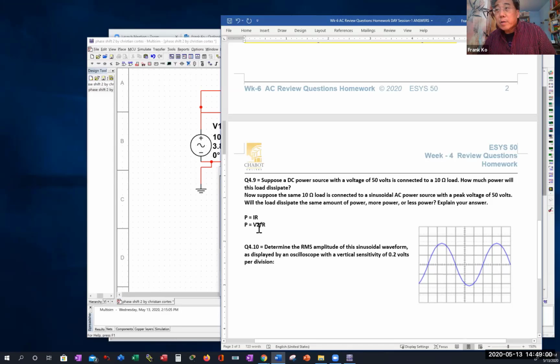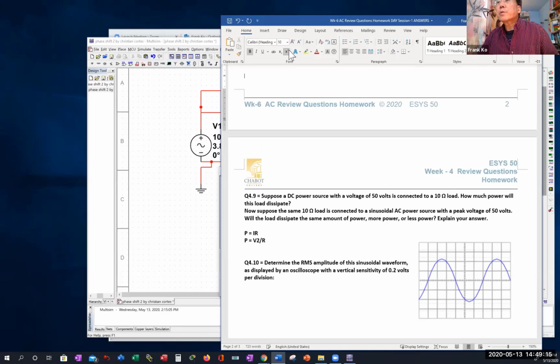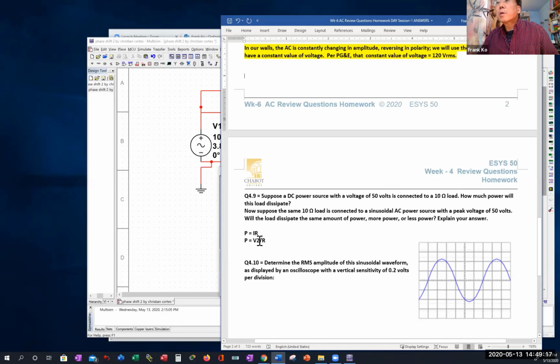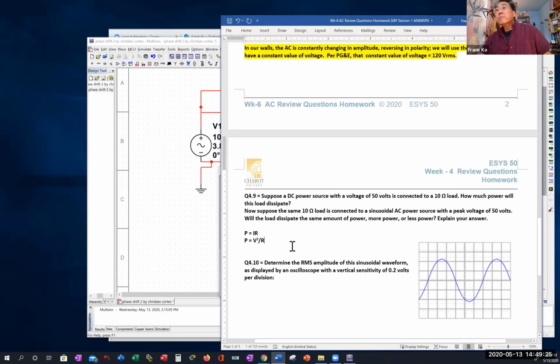All right, so we happen to have, this is actually, see if I can sneak this guy in here, make this a superscript. Superscript. Okay.